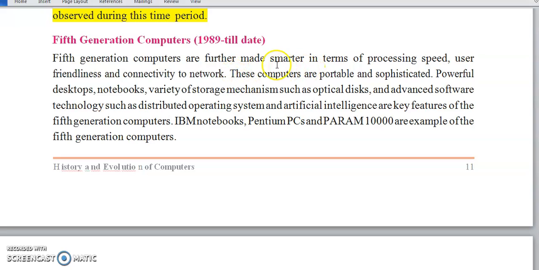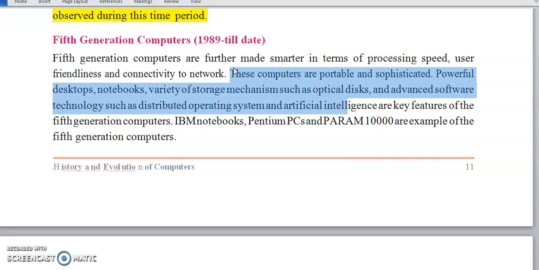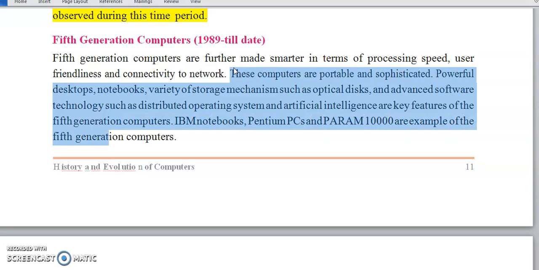So the main key features are that they are portable, sophisticated, powerful, and the main features are distributed operating systems and artificial intelligence. What is meant by distributed operating system?